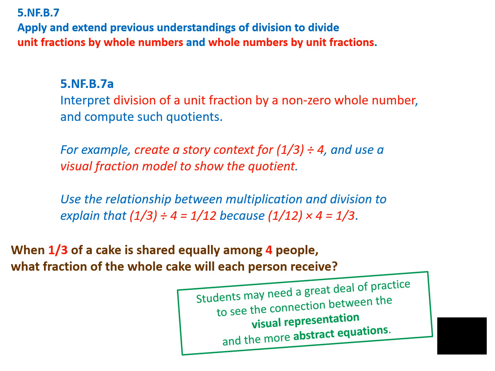5.NF.B.7.a asks us to interpret division of a unit fraction by a non-zero whole number and to compute such quotients. For example, create a story context for 1/3 divided by 4, and then use a visual fraction model to show the quotient.